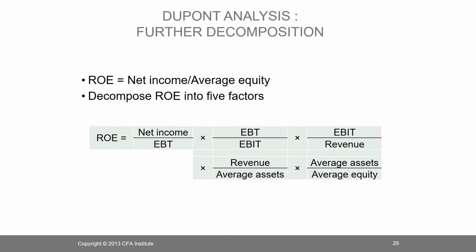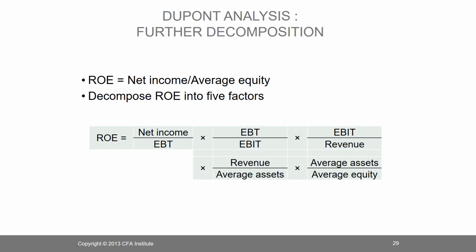We mentioned earlier that we can decompose return on equity a little bit further to account for taxes. To separate the effects of taxes and interest, we can further decompose the net profit margin as follows. Net income divided by average equity equals net income divided by earnings before tax, multiplied by earnings before tax divided by earnings before interest and tax, multiplied by earnings before interest and tax divided by revenue.